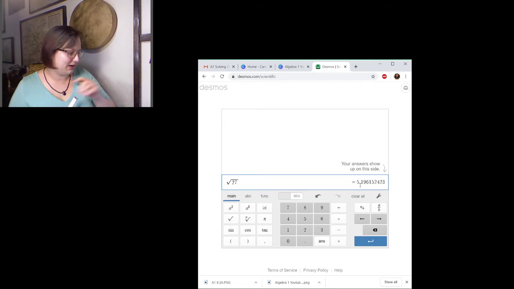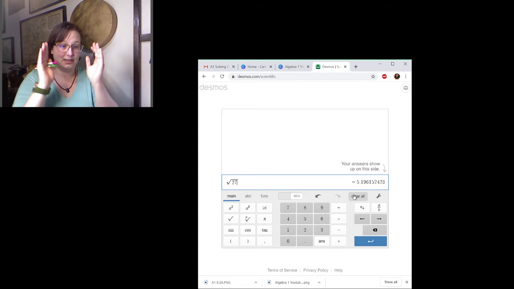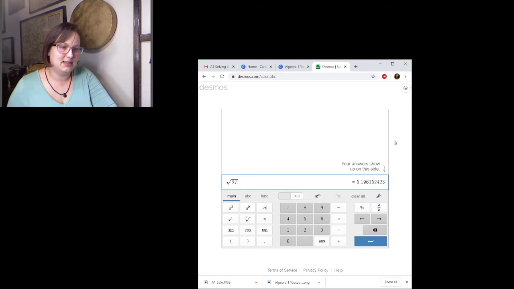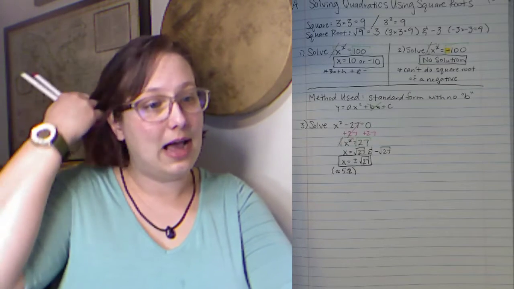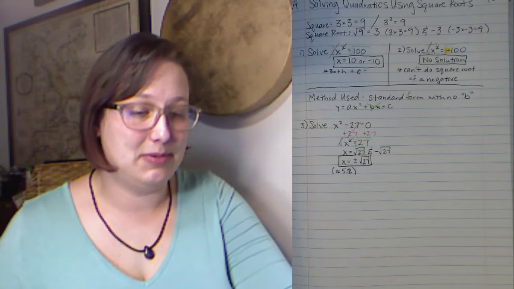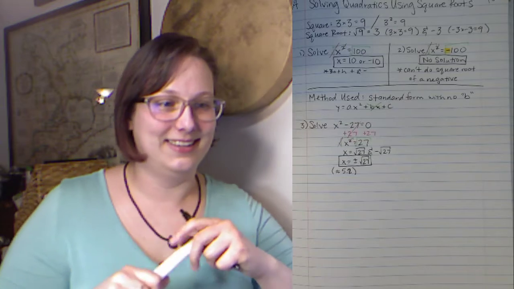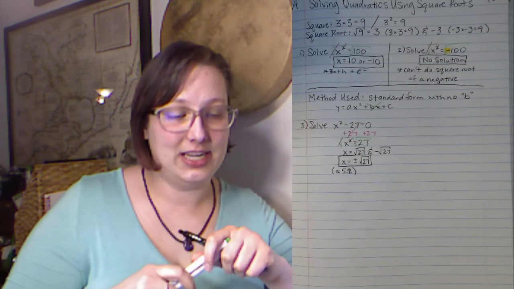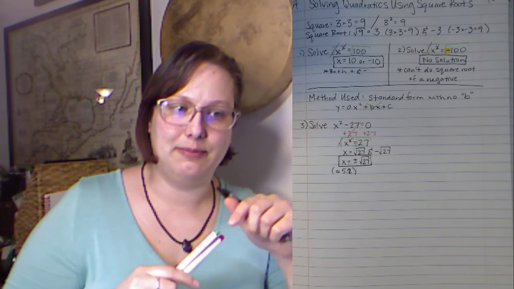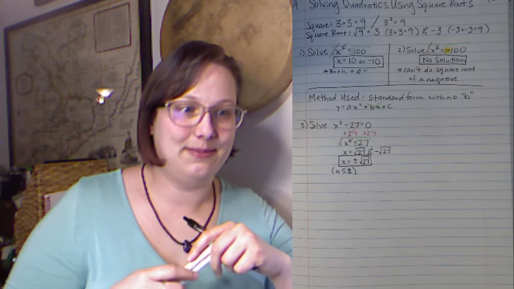All your problems today are going to be positive and negative of a single same number. When we do this next week, it'll be two different numbers, kind of like when we did it with absolute value graphs, but it's all the same. Okay. If you happen to have a yellow calculator at home and you type in square root 27, I super wish I had one with me. What would happen is it would change it to be, I think it's 3 root 3. Yeah, 3 root 3.